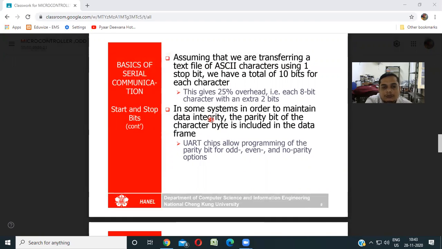The data we are sending from the sender to the receiver may travel thousands of kilometers, or the devices may be 1,000 kilometers apart. Even so, the data should not be corrupted. To maintain data integrity, one method called the parity bit is also used.